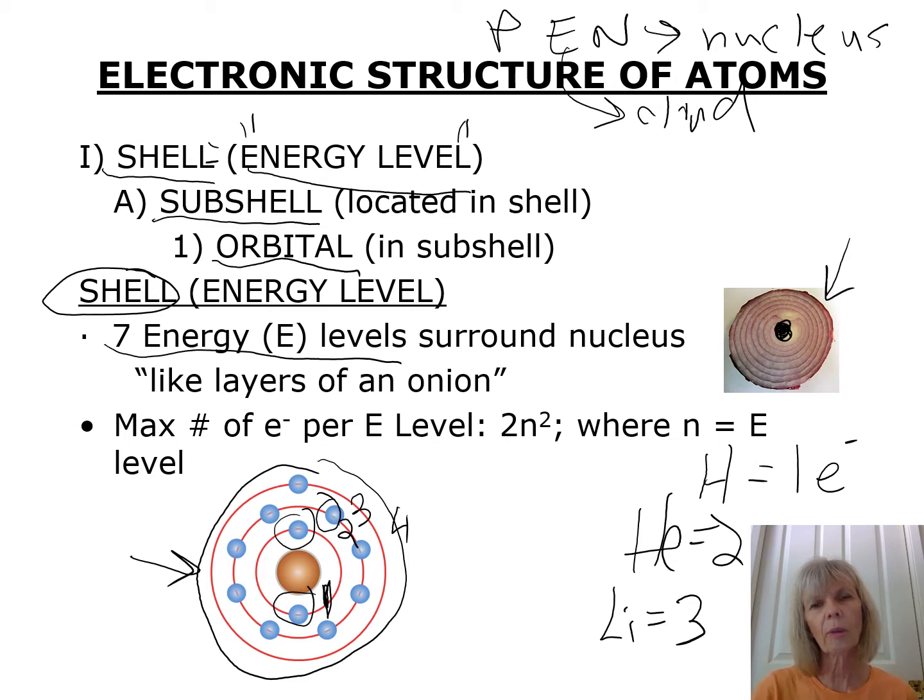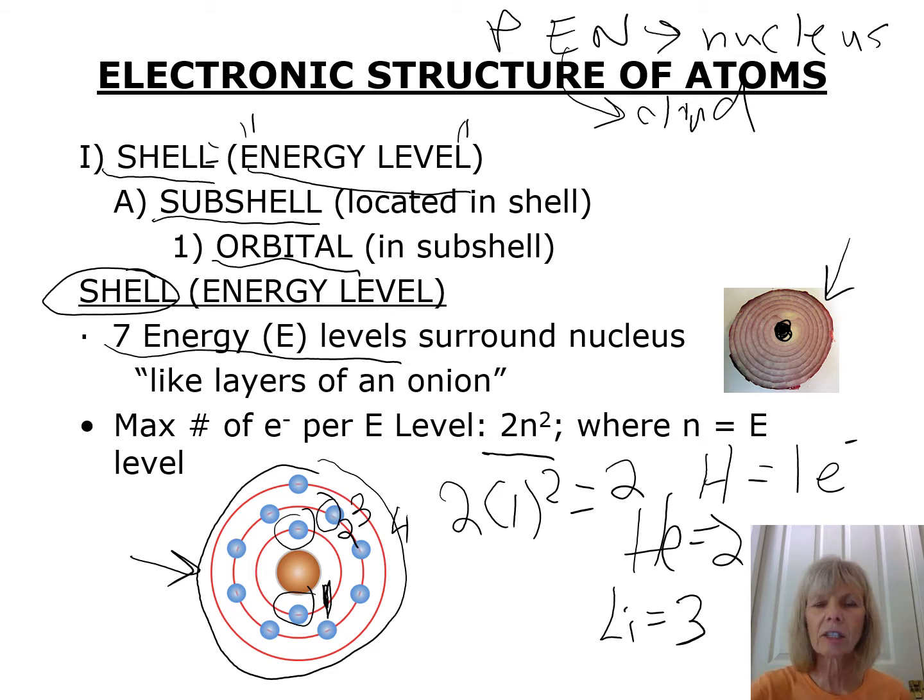There is a way we can calculate the maximum number of electrons in an energy level, and it's using this formula: 2n squared. If I'm in energy level 1, n stands for energy level, I would have 2 times 1 squared. And 1 squared is 1, times 2 is 2.